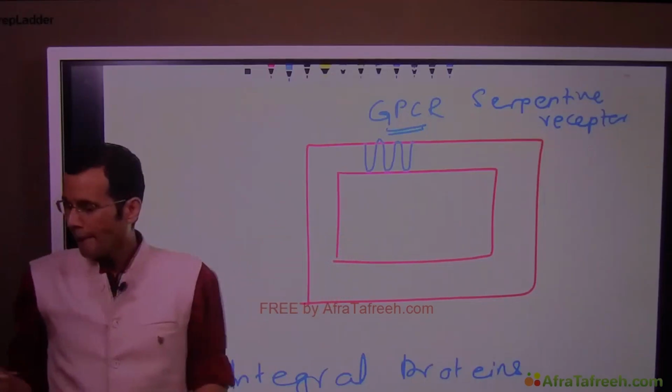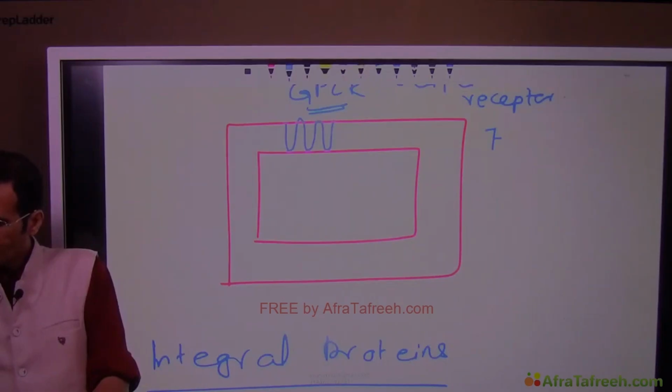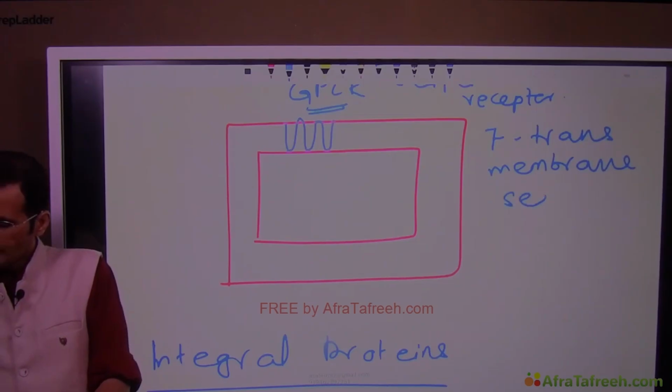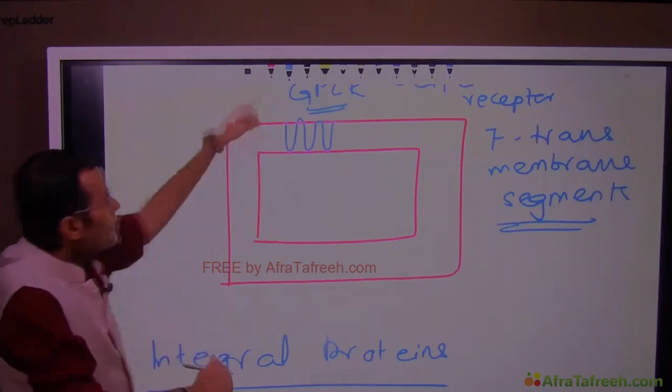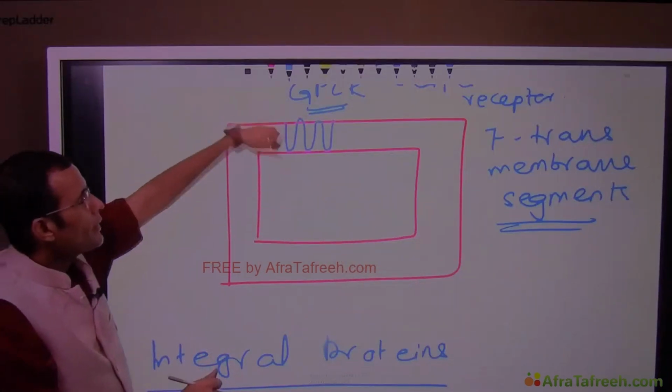So serpentine receptor, and remember it has got 7 transmembrane segments, means it spans the membrane 7 times.